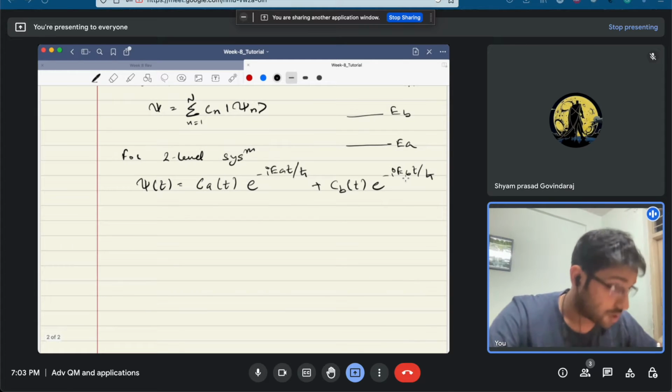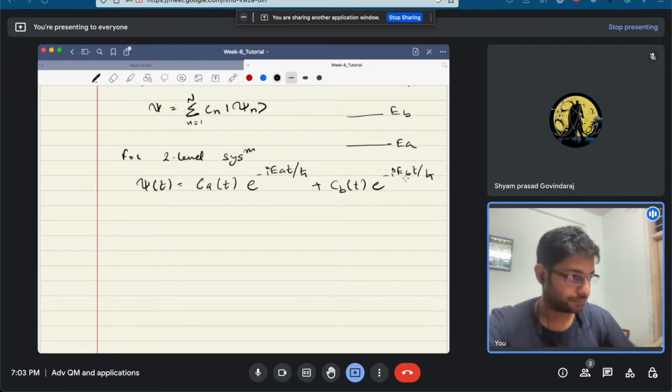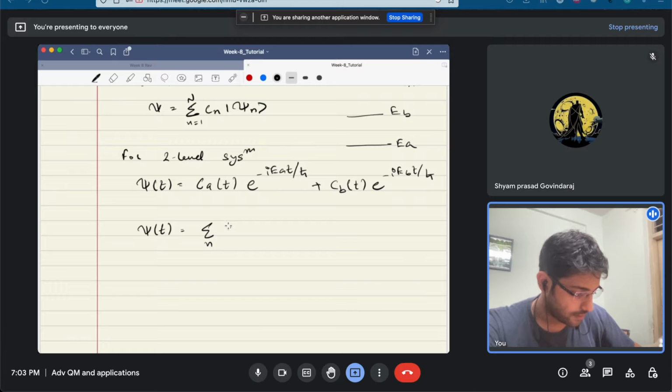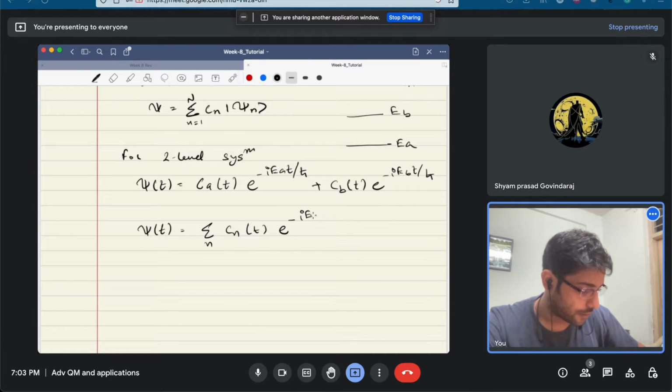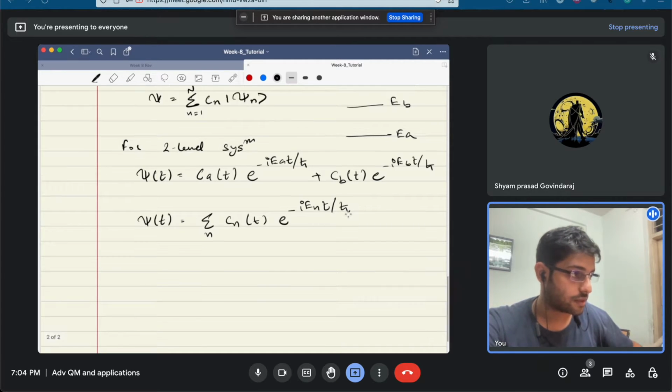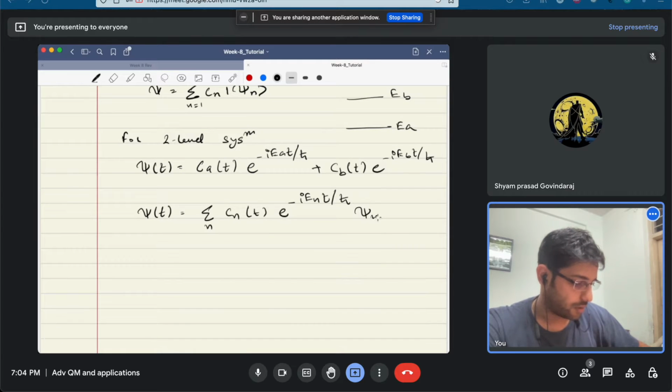The wave function can be similarly written as the sum over n of Cn of t e to the power minus i En t by h bar psi n. This is your general wave function for an n-level system.